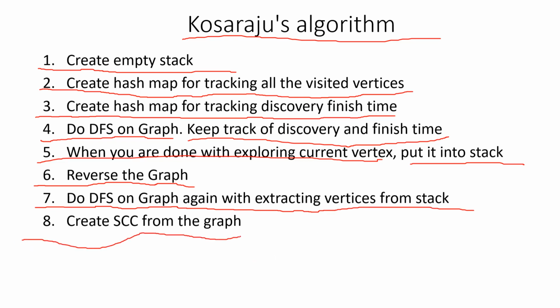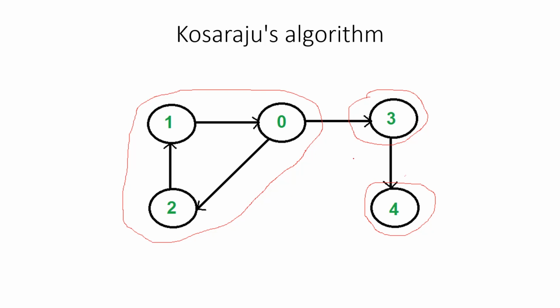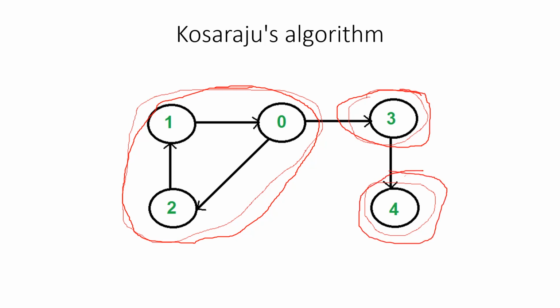Then we do DFS on the graph again, extracting vertices from the stack, and we create the strongly connected components from the graph. So let's say that we have this kind of directed graph, and as you can see from the graph, these three elements are strongly connected components. So we start from 0, and we have two choices from 0: 2 and 3.